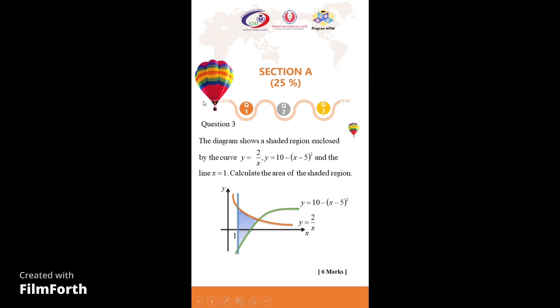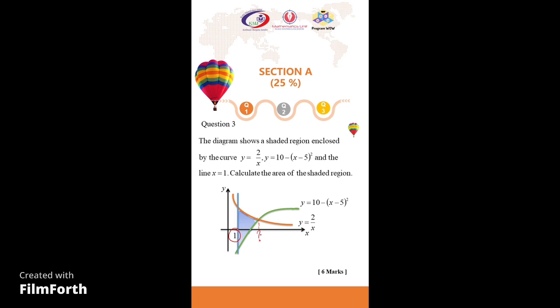Next question we have, you need to find the area of the shaded region. Okay, so here the lower limit is 1, and you don't know the upper limit.